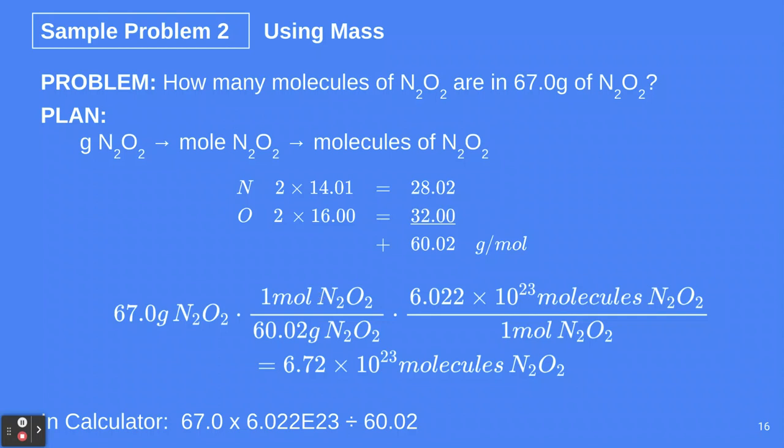And then we'll be able to use Avogadro's number to get us out of moles and into molecules. Okay, so feel free to use that little map that I have to be able to get these conversions. My answer here is 6.72 times 10 to the 23rd molecules. And so how did I get that? I got 67 times 6.022 e to the 23 divided by 60.02.